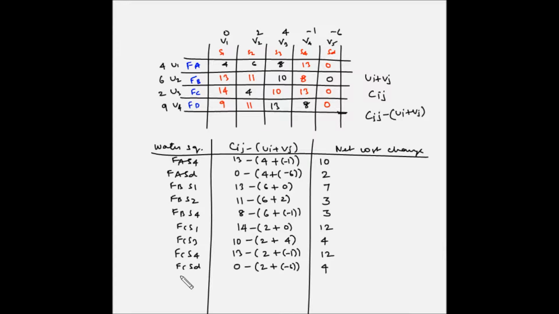Now the next water square is F-D-S1, cij is 9, ui is 9, and vj is 0. So 9 minus 9 is 0. The next water square is F-D-S2, cij is 11, ui is 9, vj is 2. So 9 plus 2 is 11, 11 minus 11 is 0.